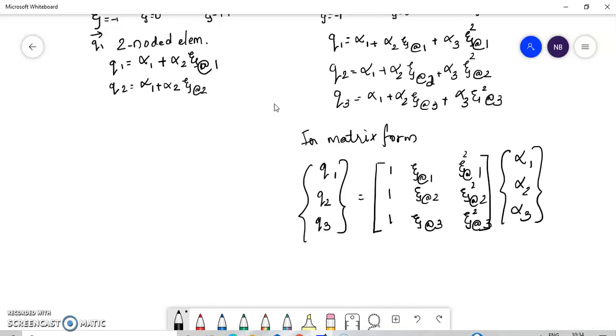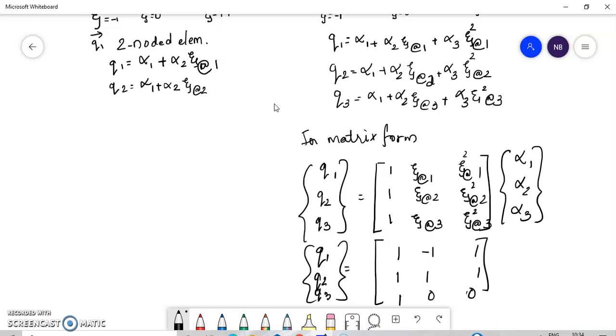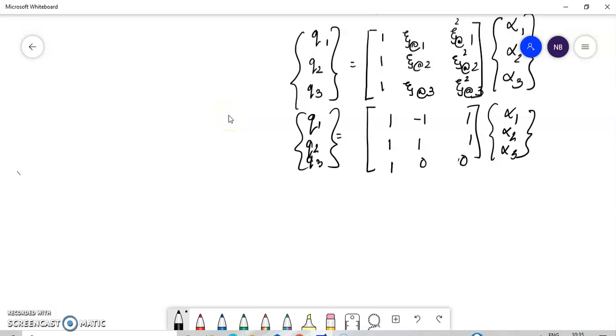Substituting the values of zeta at 1, zeta at 2 and zeta at 3 in this equation, we get this matrix 1, -1, 1, and so on, times alpha 1, alpha 2 and alpha 3. We need alpha 1, alpha 2, alpha 3, so this matrix becomes an inverse.